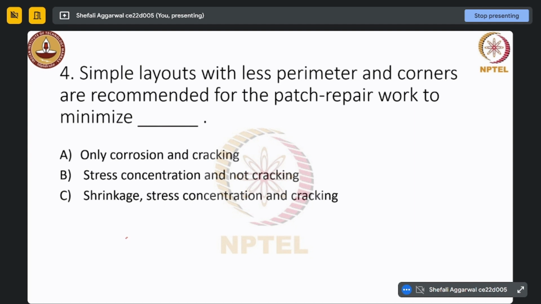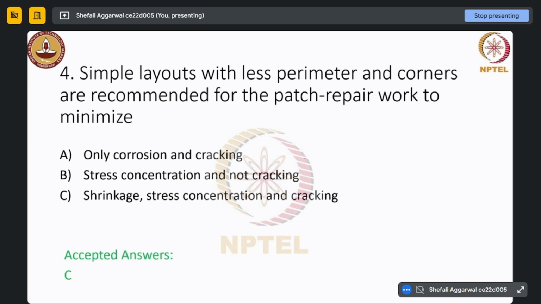Option C, ma'am. Usually, whenever there is patchwork, it is protruded out at least by a factor, so that even if there is some deformation, it can be sound. Yes, right. So the answer is C.